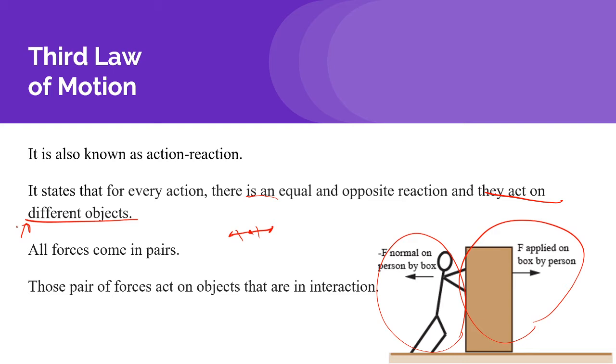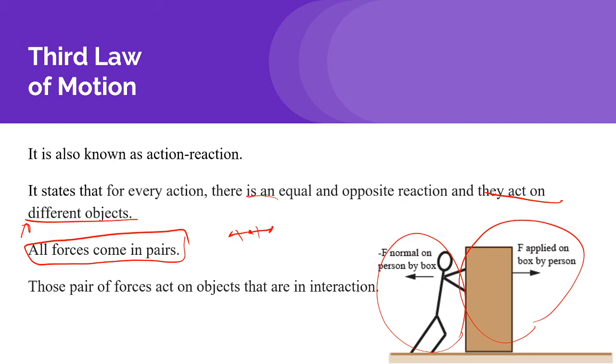And this is another very important point: all forces come in pairs. There's no force that is just alone. Alright, so any force that you draw in a free body diagram must have the opposite or reaction force along with it, and they are applied on opposite objects.